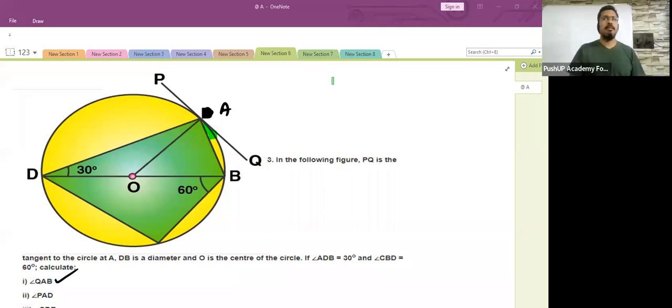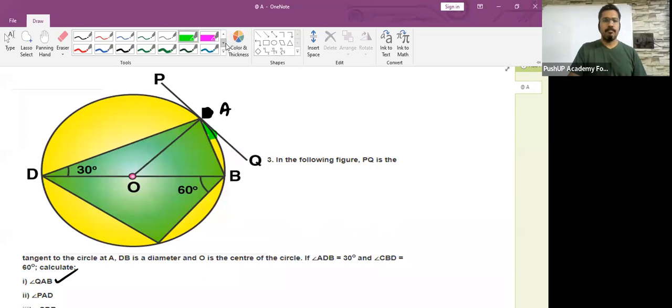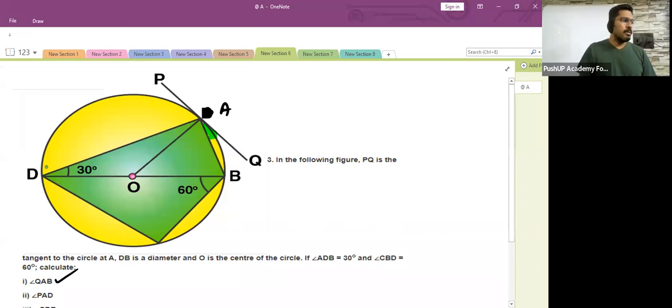Noel, now listen. Children, what is this angle ADB? It is the angle subtended by chord AB on the circumference of the circle. Am I right?